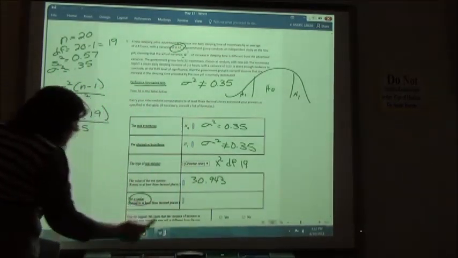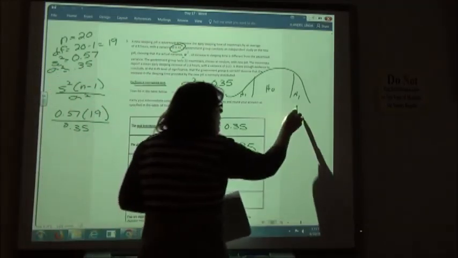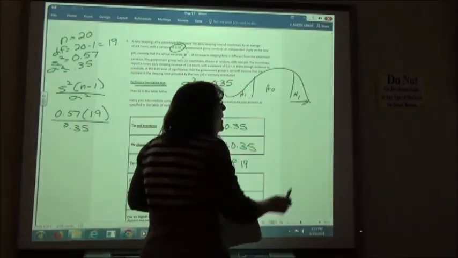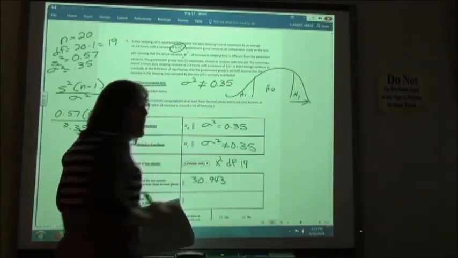Okay, we are doing a p-value. Anytime it says p-value, we know we're doing the p of something on our computer, right? When we do p of our chi-squared, again, it's testing to the right. So we're going to find this number here, which will match with this number here.